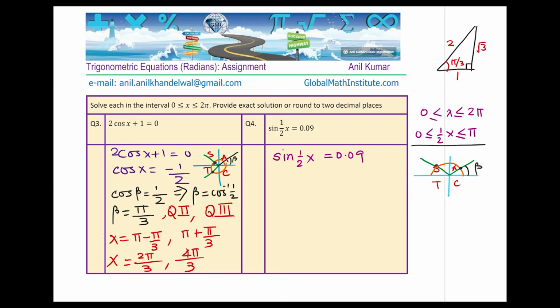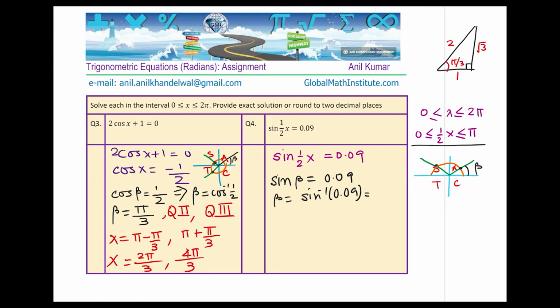So in this case, sine of beta equals 0.09. So beta is equal to sine inverse of 0.09, which is, let's calculate, shift sine inverse 0.09.